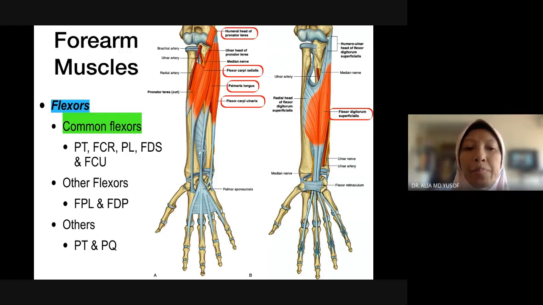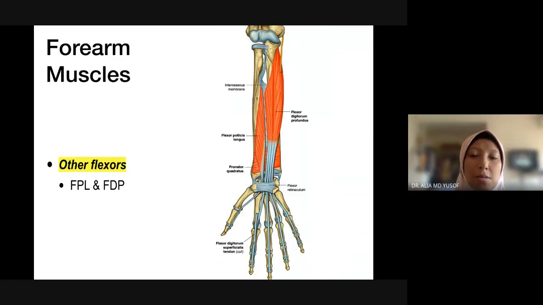Okay, now kita nak tengok apakah flexors yang lain yang terdapat dalam anterior compartment of forearm. The other flexors are the flexor digitorum profundus, which is the deepest layer of forearm anterior compartment muscle, as well as flexor pollicis longus.